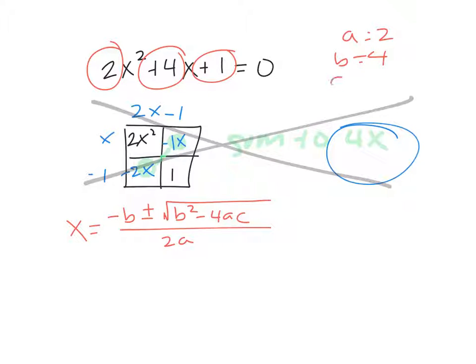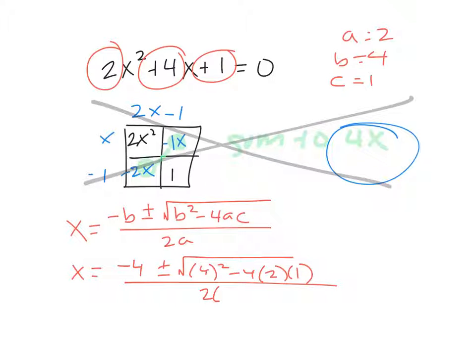And c is always going to be that constant. And so when I go to substitute these in, I have 4 is b, so negative 4, because that's how our formula is set up. And then we have 4 squared minus 4 times 2 times 1, all over 2 times 2.